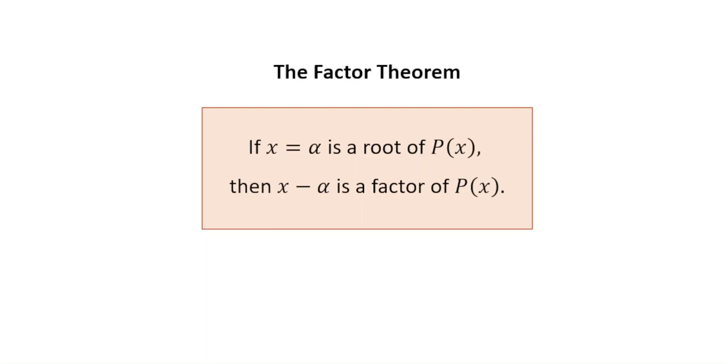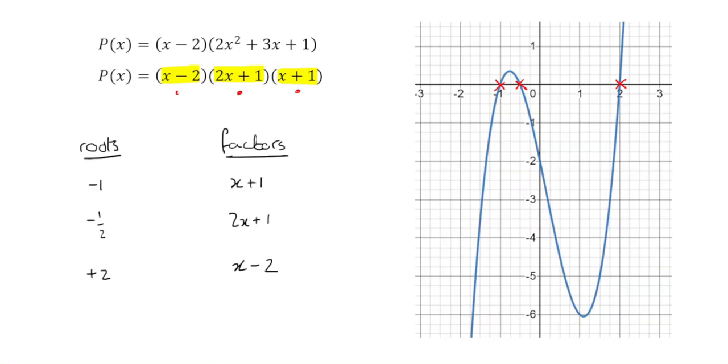If 7 is a root, then x minus 7 is a factor. So if we just go back and have a quick look here, let's take this one. We've got -1 is a root, so x minus -1 should be a factor. And that's right, isn't it? Because x minus -1 is x plus 1. And we could look at this one here. We've got 2 is a root, and so x minus 2 is a factor.